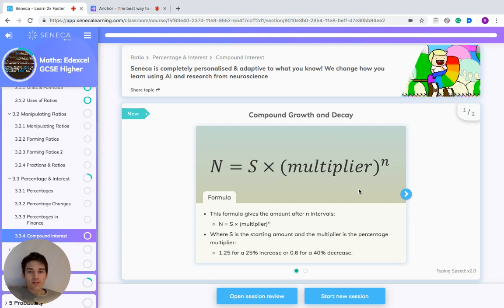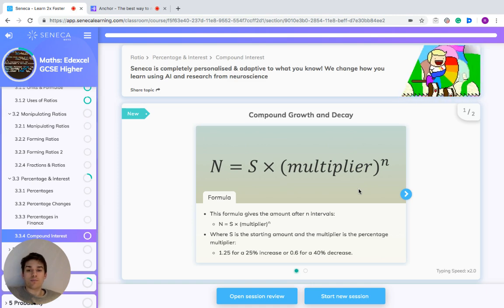So the formula for an amount after a given amount of time would be that the amount you have is equal to the amount you started with times by a multiplier, all to the power of how many time intervals you've had.